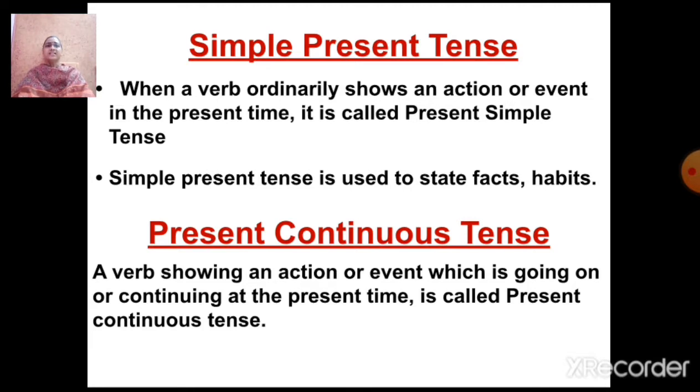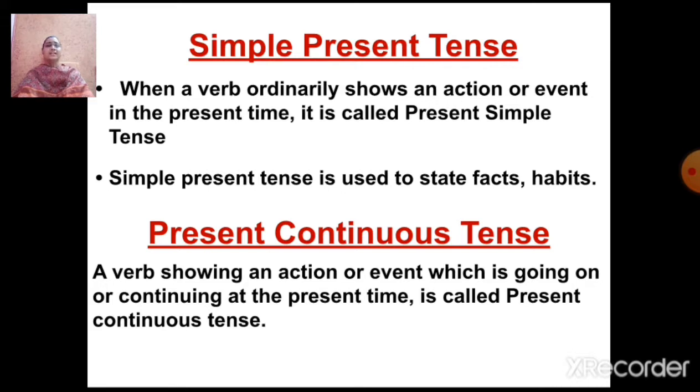Simple present tense is used to state facts, habits, general truth or routine work. Then we have also understood the formula for simple present tense is first form of verb plus s or es. Then we also understood that only in case of singular subject we will use s or es, right?